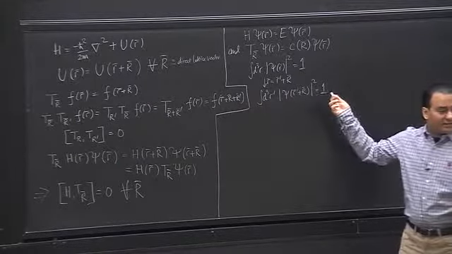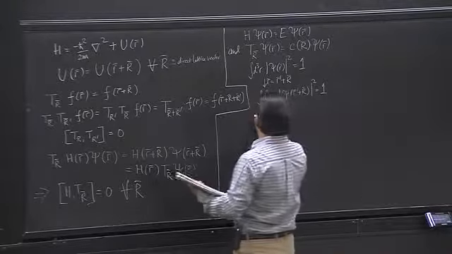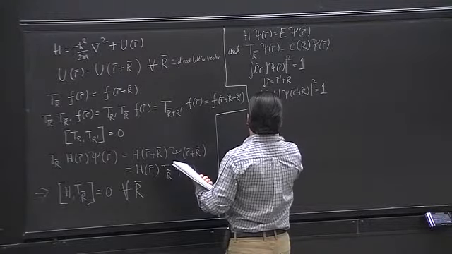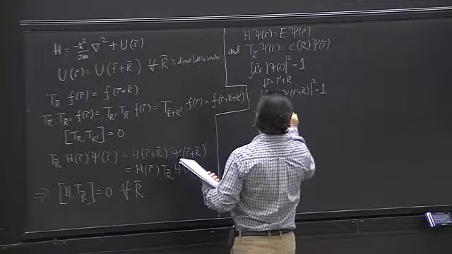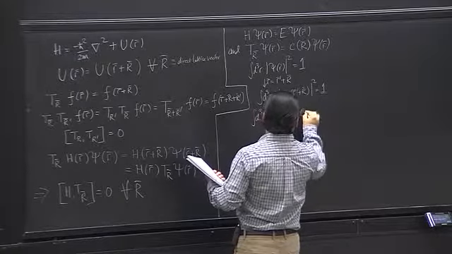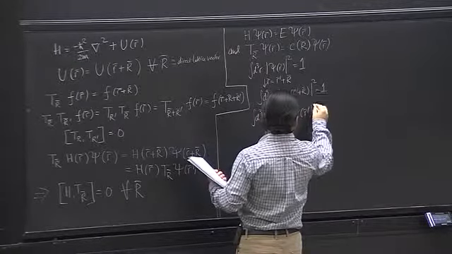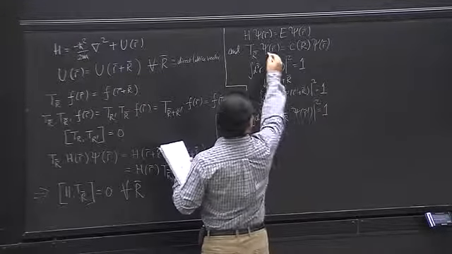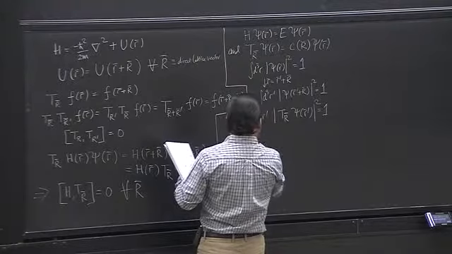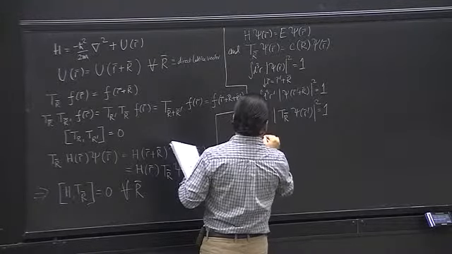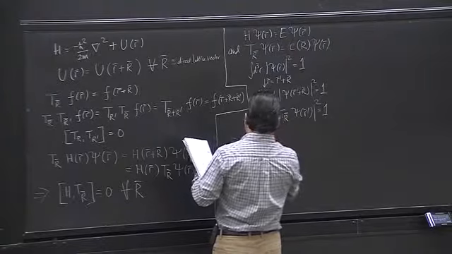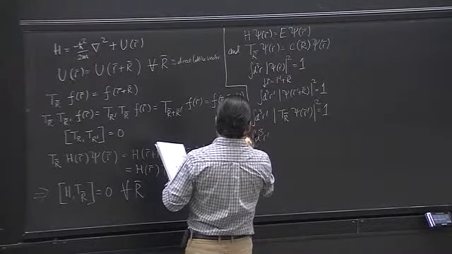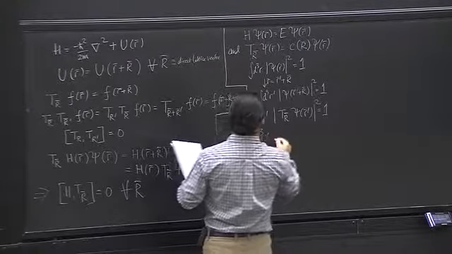So we have this equation here. Now I'm going to write this as T of R acting on psi of r prime. Let me just write down the result here: mod C of R square equals 1.